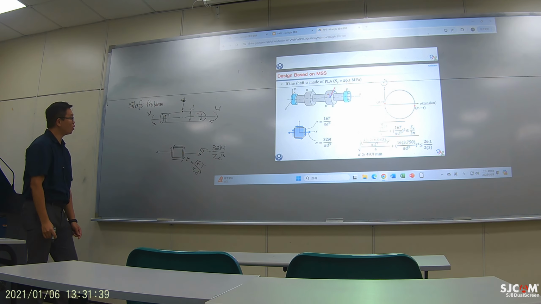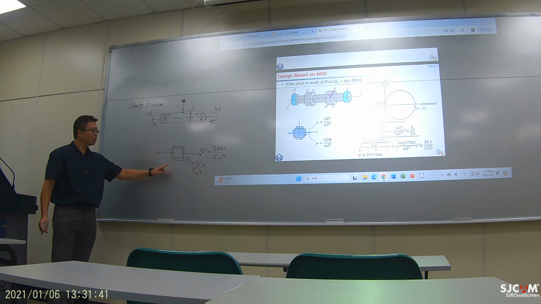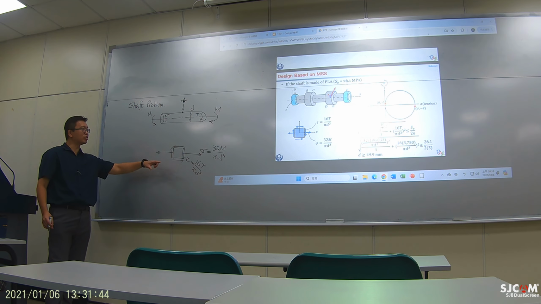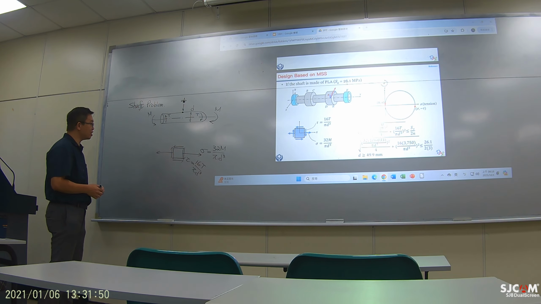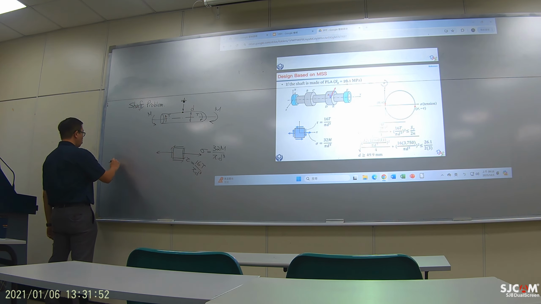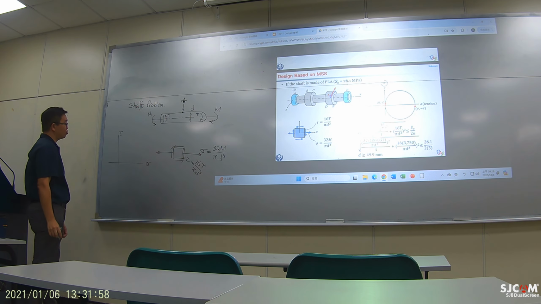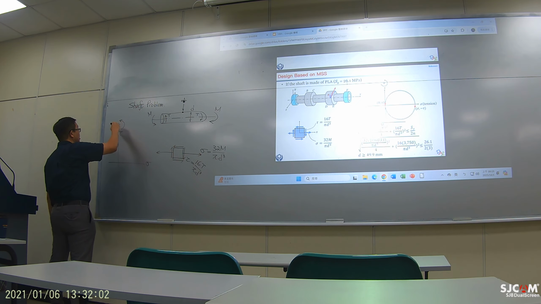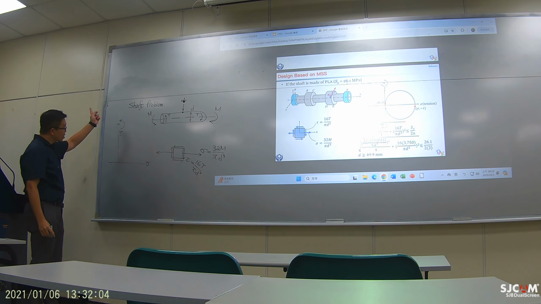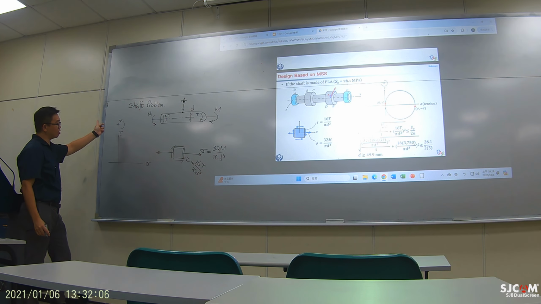Right. So for the shaft problem, many times you will see this force diagram, and if you draw a Mohr circle, this is your stress, this is your shear, and counterclockwise is positive.